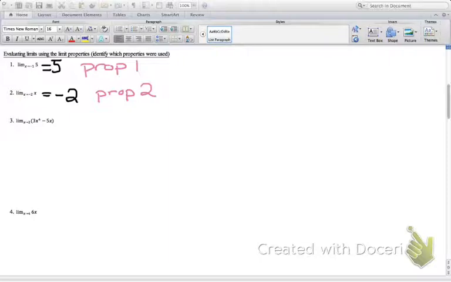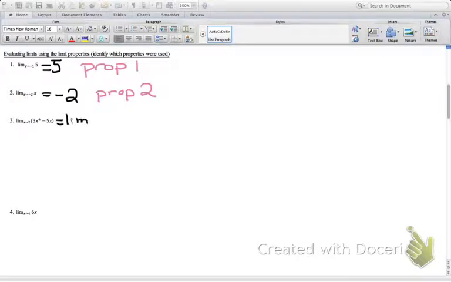The third one that we're going to look at is the limit of 3x to the power of 4 minus 5x as x approaches 2. Now we're going to use a couple different properties as we solve this limit. Our first property is going to be property 3.